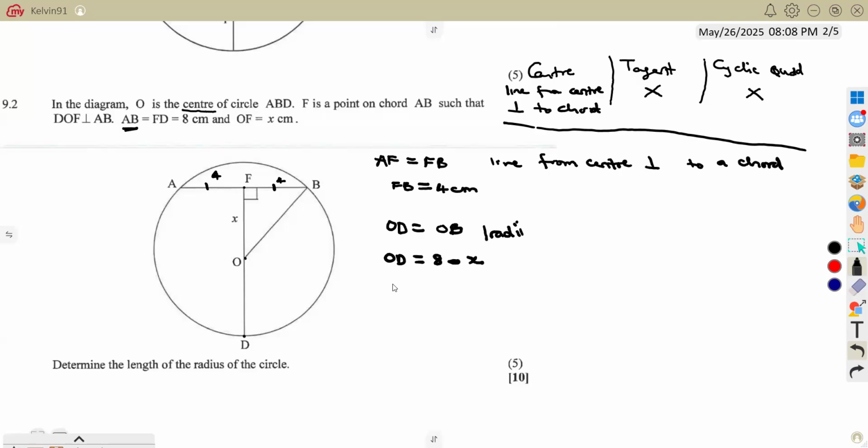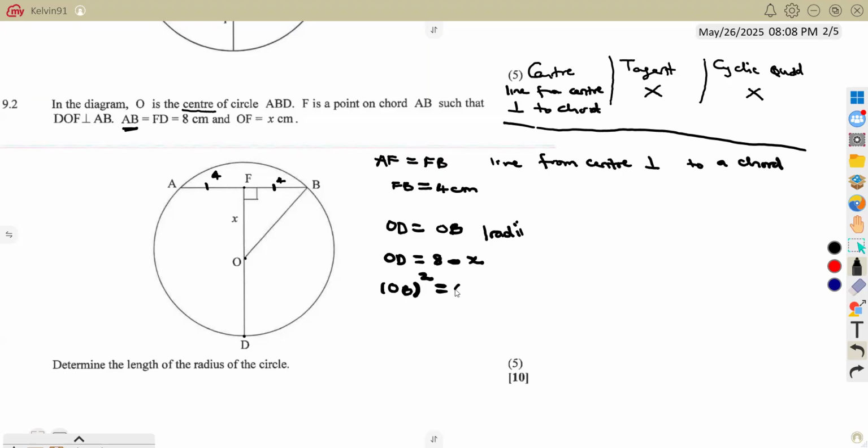Then, let's calculate our OB. To calculate our OB, we can use Pythagoras theorem in the right-angled triangle FBO. So OB squared, the hypotenuse squared, the side opposite the right angle, must be equal to the sum of the two sides, each squared.